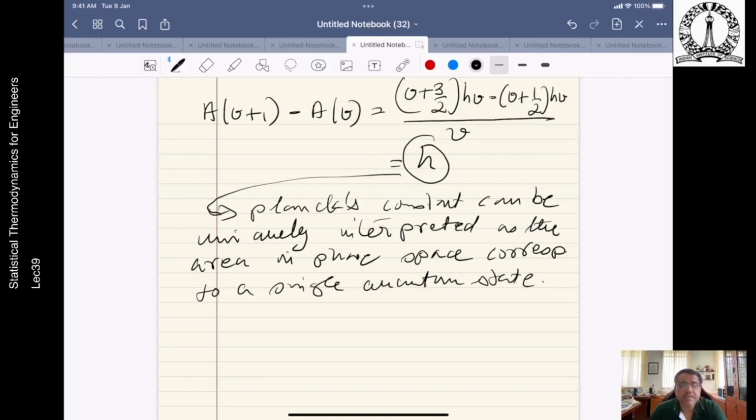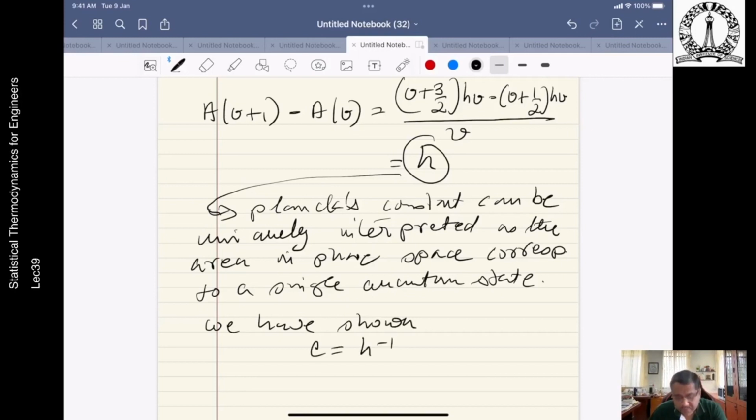So by utilizing the phase space representation, as portrayed by the figure, we have shown C is equal to h inverse.